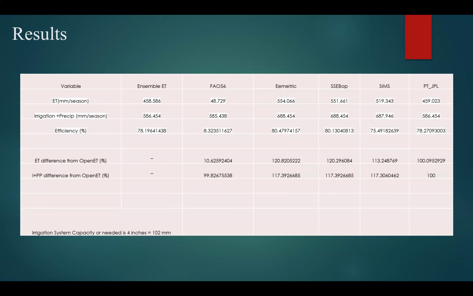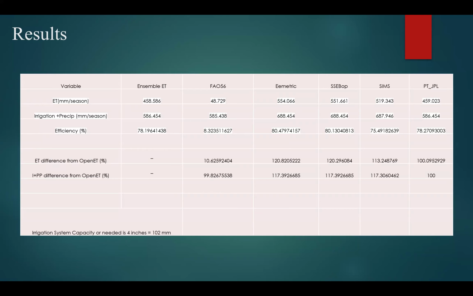And the two models, METRIC and SSEBop, are getting more efficiency than SIMS and PT-JPL. This chart compares the efficiency between the models, and all of the charts and columns are compared with the OpenET.